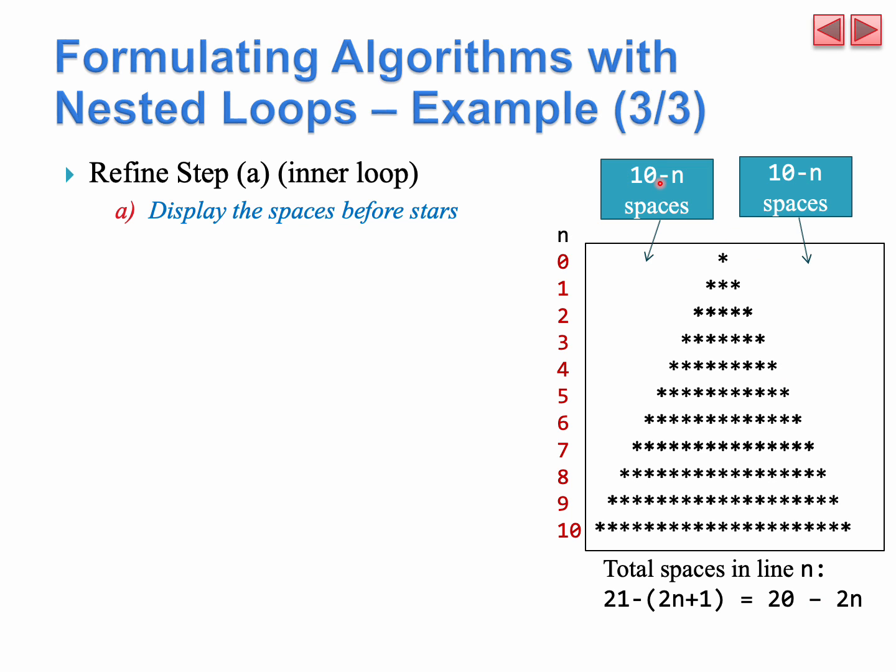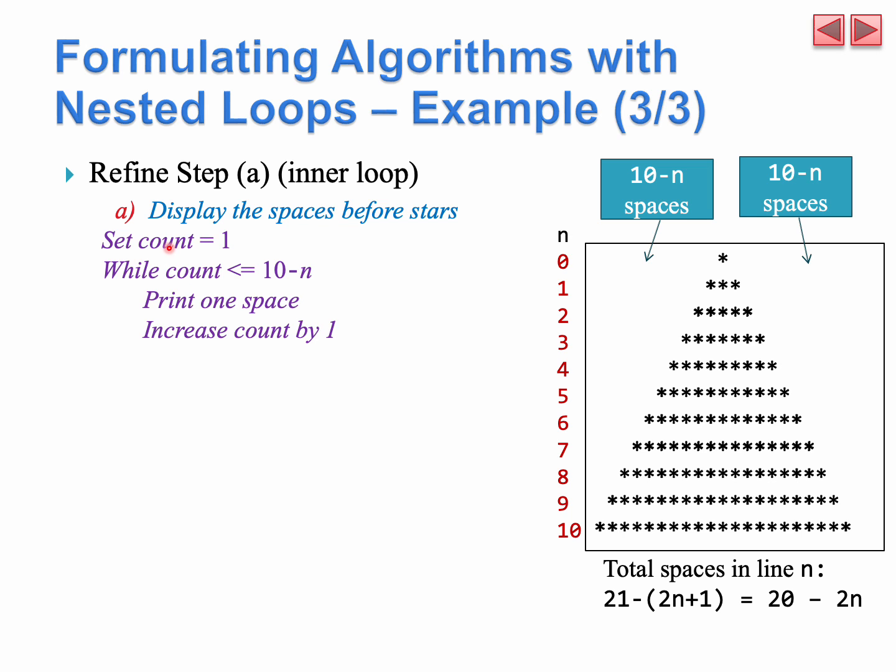So there are 10 minus n spaces before and 10 minus n spaces after the stars in line number n. Hence, to display the spaces before the stars in line n, we just set up a counter-controlled loop that prints 10 minus n spaces one by one.